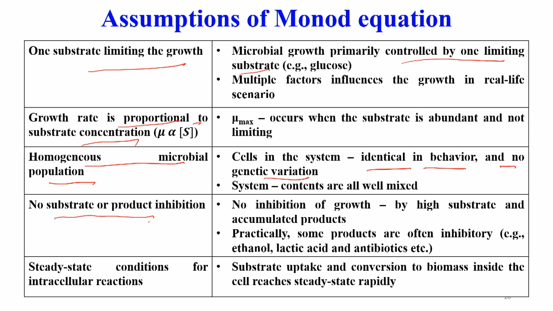Further, we are not considering any inhibition, no substrate or product inhibition in the Monod equation, and steady state condition for intracellular reactions. So, these are the assumptions under which condition this Monod equation explains the experimental data.